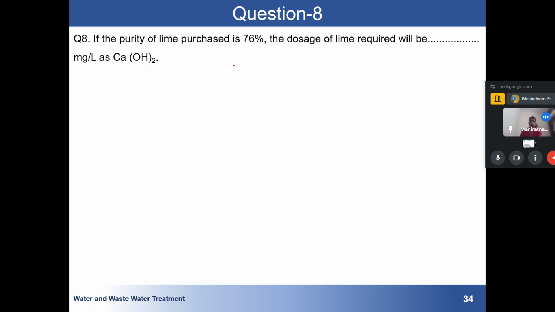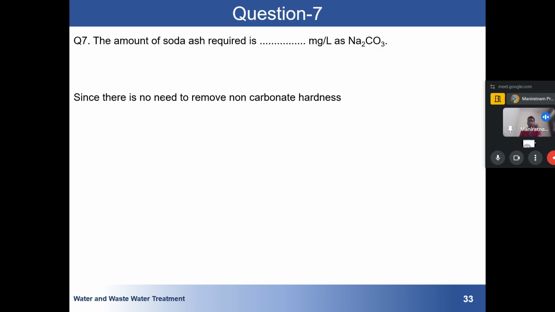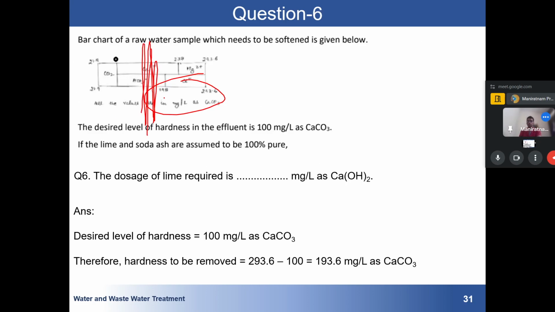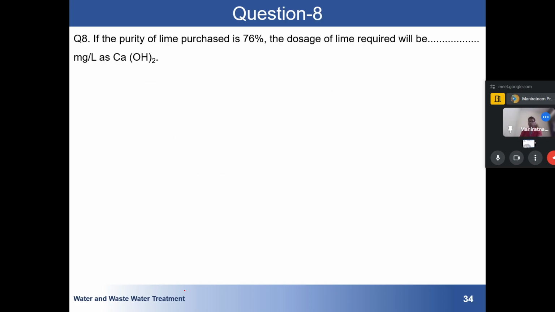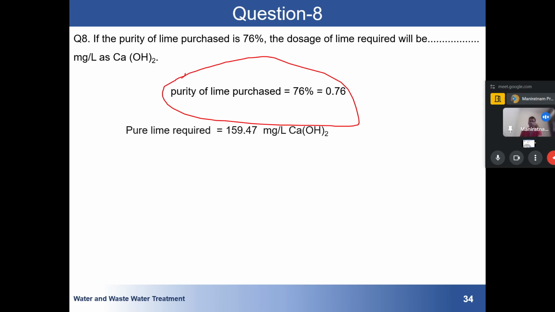Now see in the question what they were saying. Here it was 100%. Now they are saying that this lime is not 100% pure, only 76% is pure. So if the purity of lime purchased is 76%, the dosage of lime required will be in milligram per liter. The purity is 76%, that is 0.76.